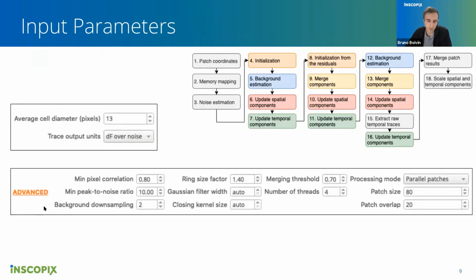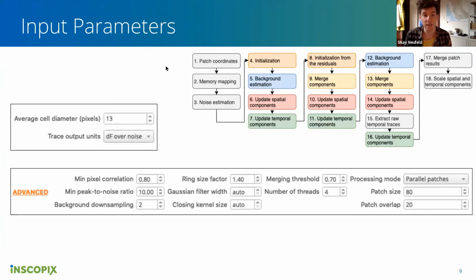Everything at the bottom next to advanced, you would have to click the advanced button for it to display. The users need to input the average cell diameter, because we're not going to guess that for them, and they need to tell us what kind of output units they want. We've tried to make those interpretable, and we'll explain what those output units are in a bit.